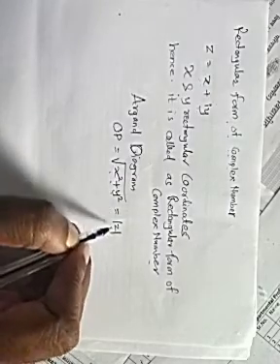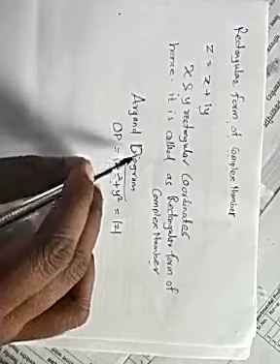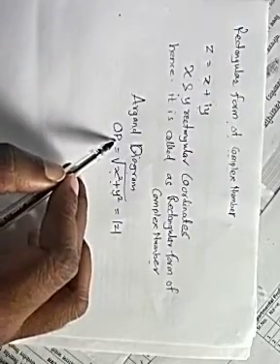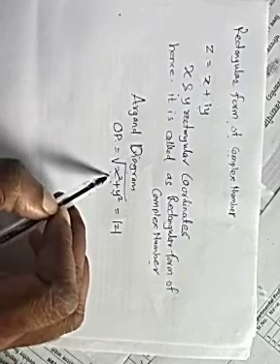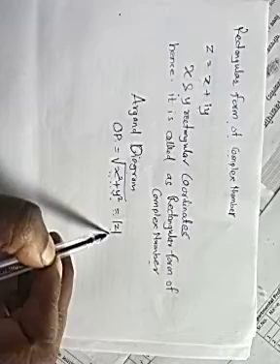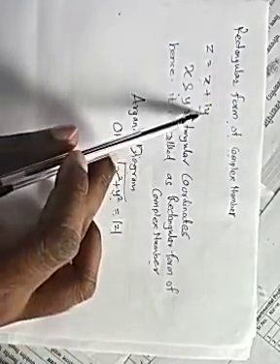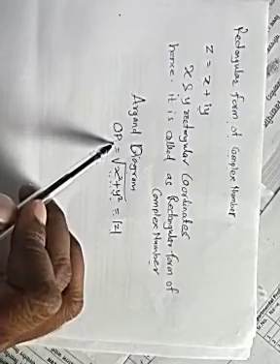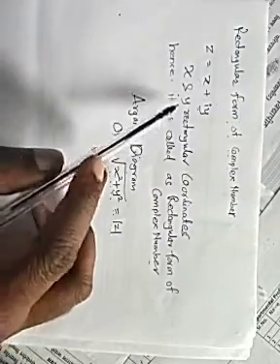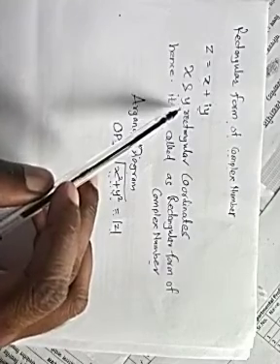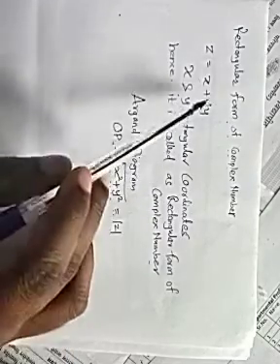In the Argand diagram, this is known as the position vector OP, given by the mod of z. Any complex number can be represented as a position vector, as x and y rectangular coordinates describe the complex number.